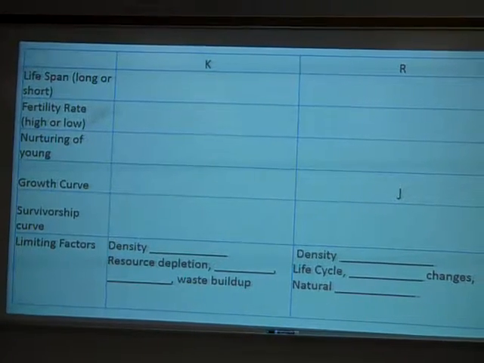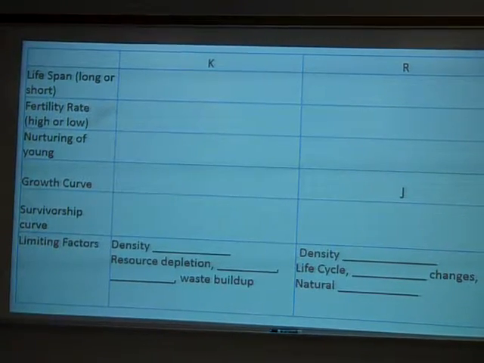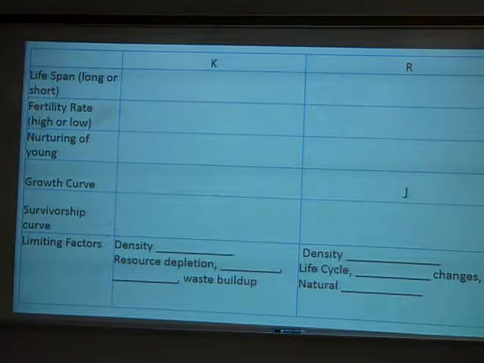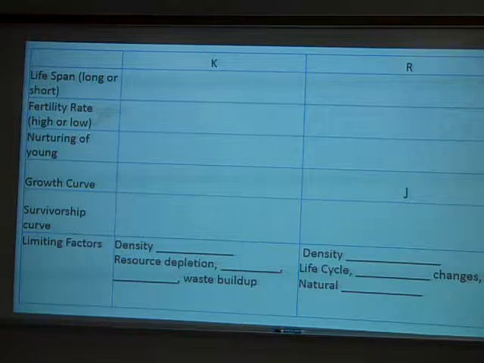K strategists do it by growing slowly, having maybe multiple matings, and when they have offspring, they take care of them and try to ensure that they grow to a ripe old age so they can have children of their own. R strategists tend to produce as many offspring as possible and let them out in their environment. They're on their own. A lot of times they only live a short period of time.